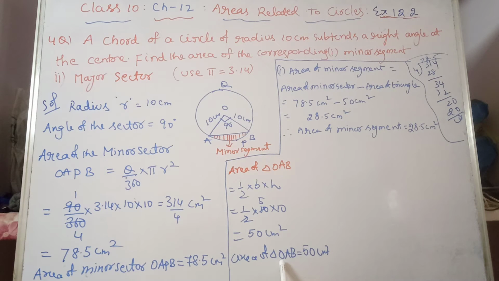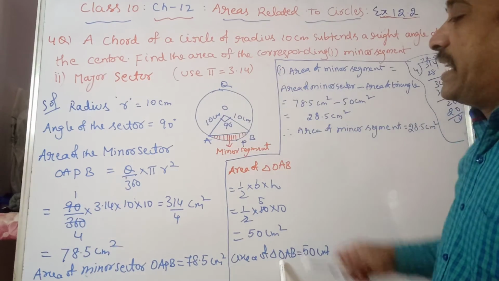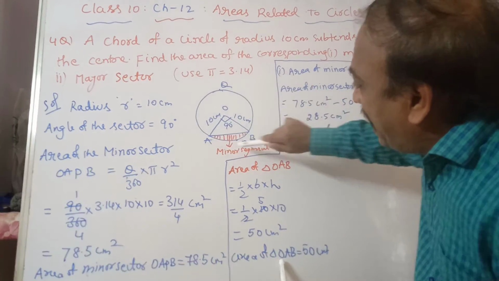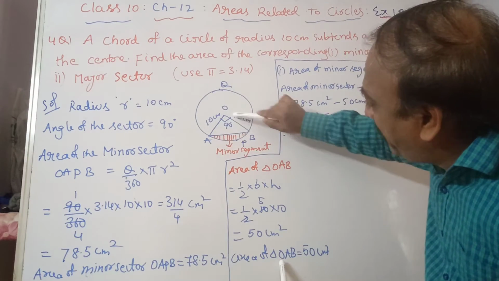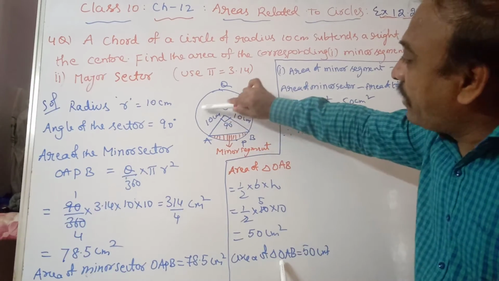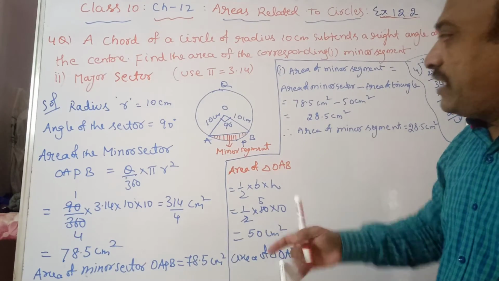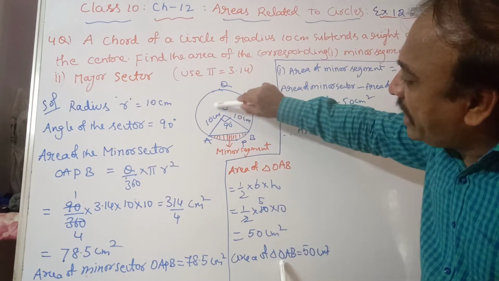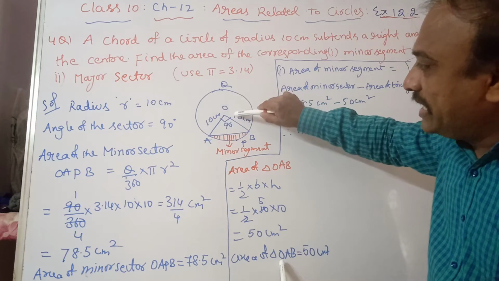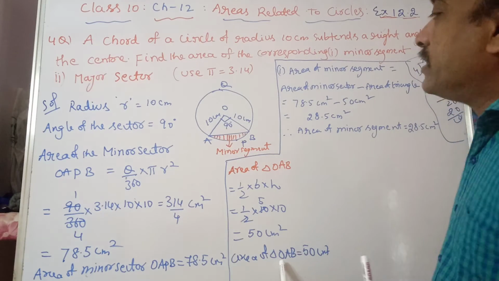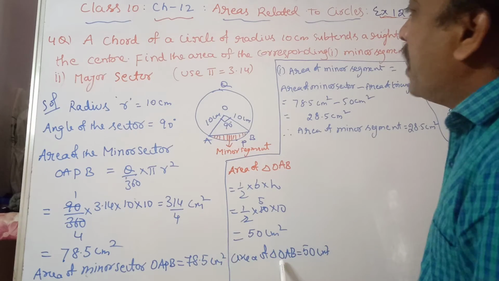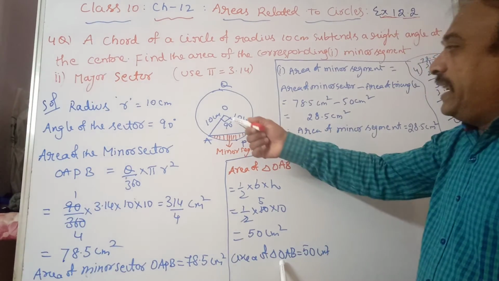If you do that, then you will get the area of the major sector. That is one method. Another one, you can use the angle. The leftover angle is 270. So 270 by 360 into pi r square. That also will give you the same area.